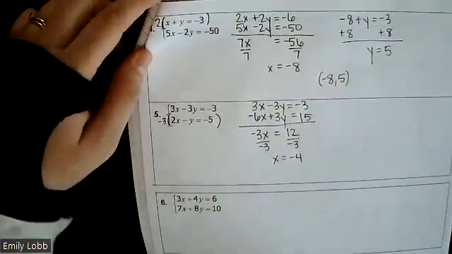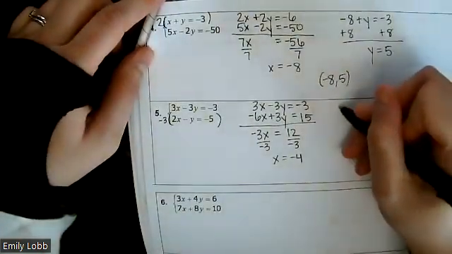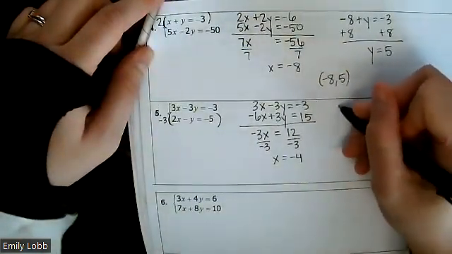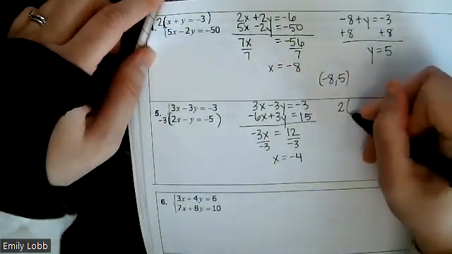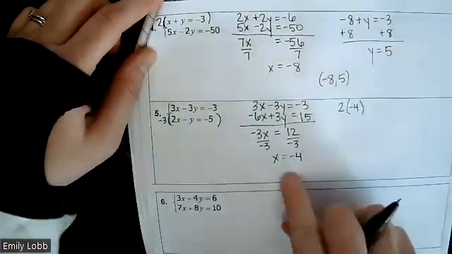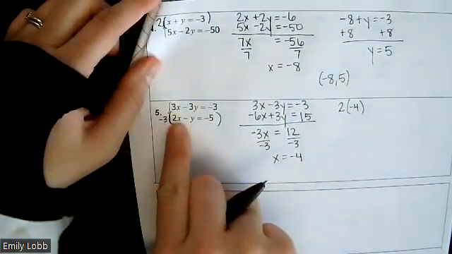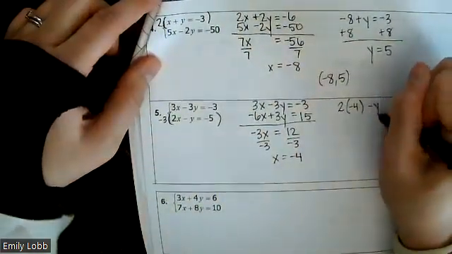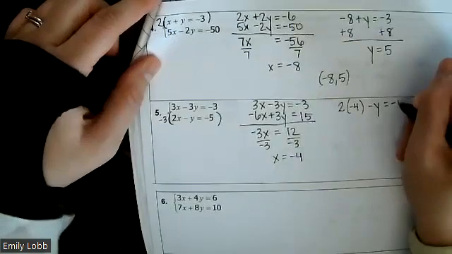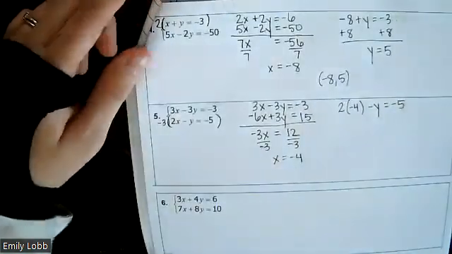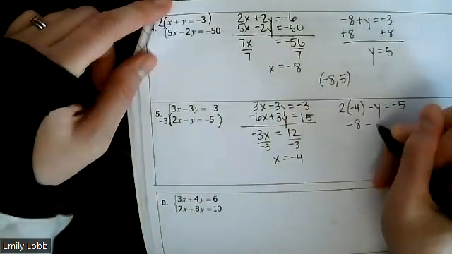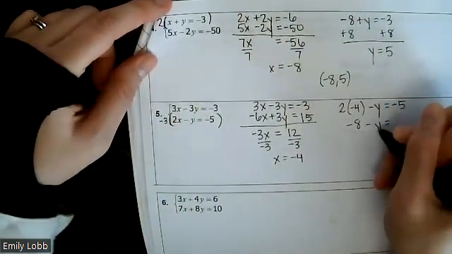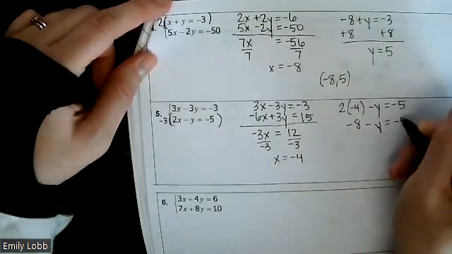So I might just pick the bottom one, I don't know. 2 times -4, right? Because that's what x equals. I'm plugging it in for the x value. Minus y is equal to -5. So -8 minus y equals -5.